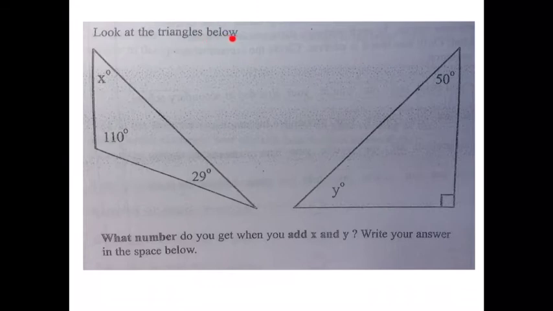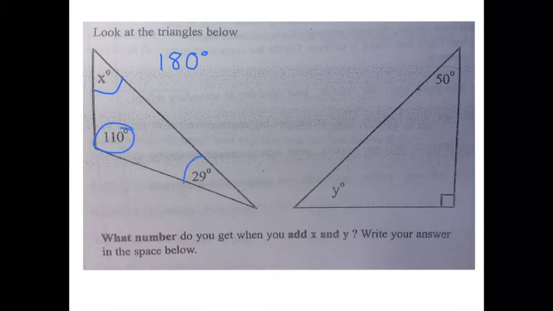Look at the triangles below. Okay, we have a triangle on our left with X missing, and a triangle on the right with Y missing. What number do you get when you add X and Y? Well, we've got to work out X first. As we mentioned before, the total number of degrees in the triangle is 180, and we have to take away the 2 that we have.